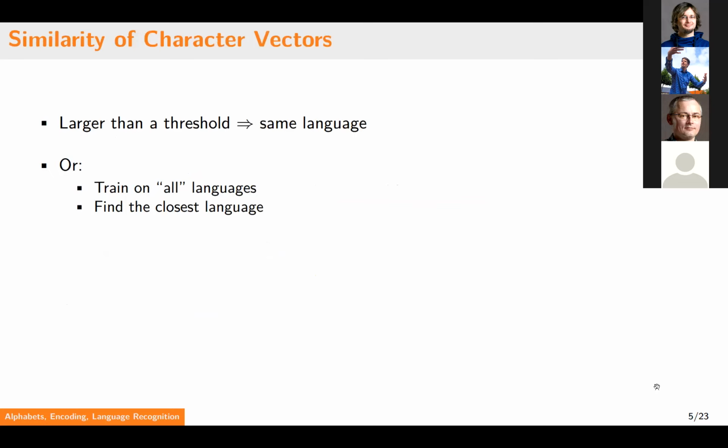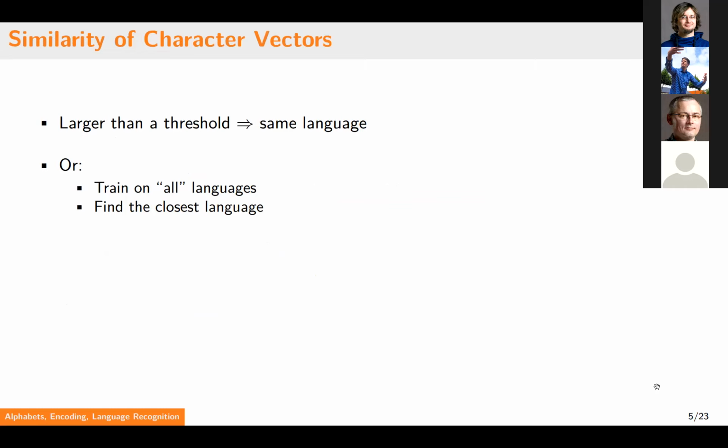Then the question is, what do you do with the similarity metrics? Well, if it's similarity or distance metrics, depending, then one possible approach is, if it is larger than a threshold, then you say the languages of the two documents are the same. You don't know the thresholds, obviously.